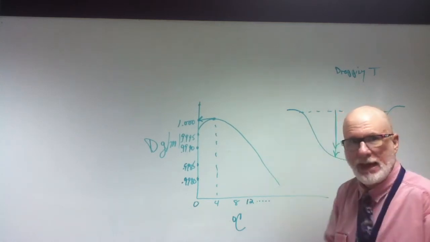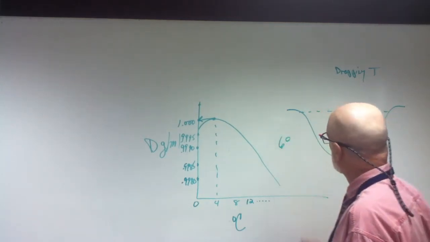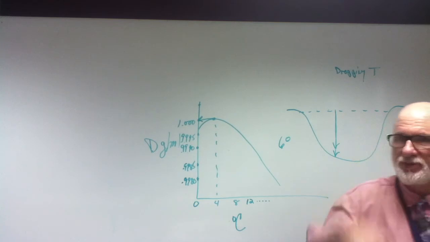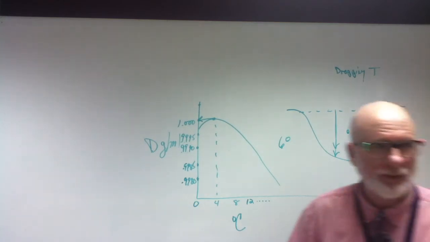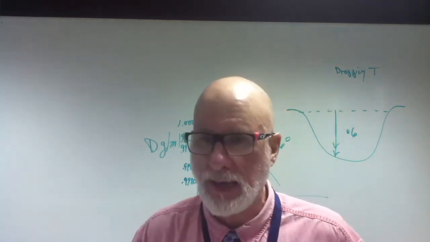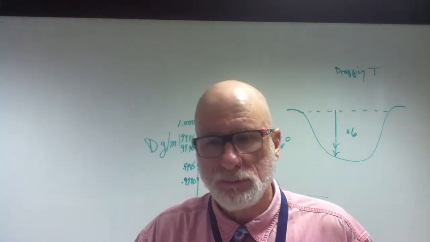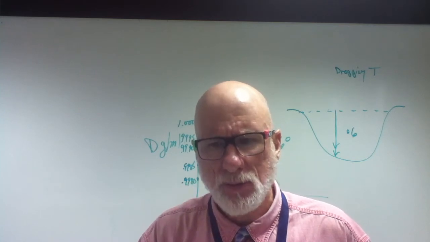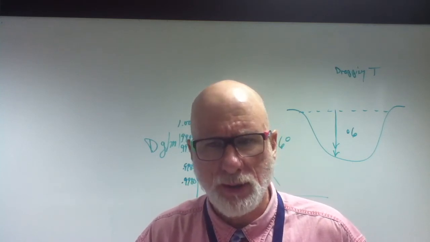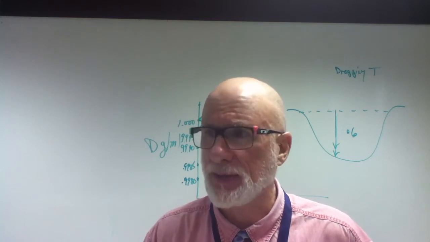Now, let's jump ahead. What happens when it gets to 6 degrees Celsius? What's going to happen? It'll be the same thing, and the whole lake will get to 6 degrees Celsius, correct? Yes or no? Yes. Okay, now. So what happens when water gets to 4 degrees Celsius?